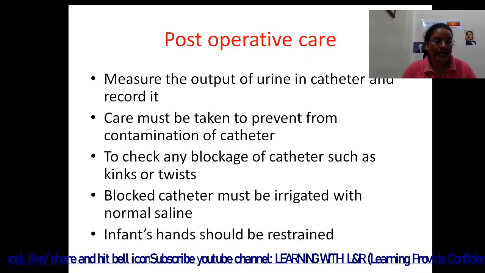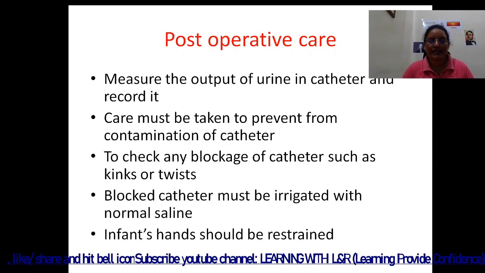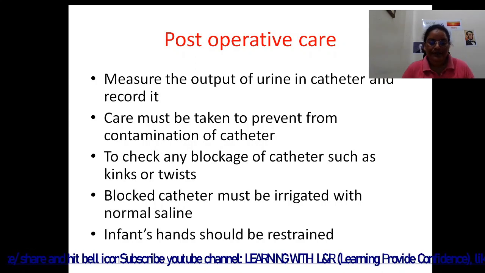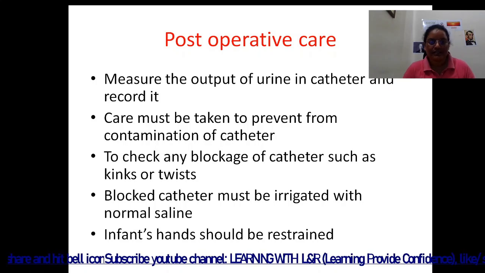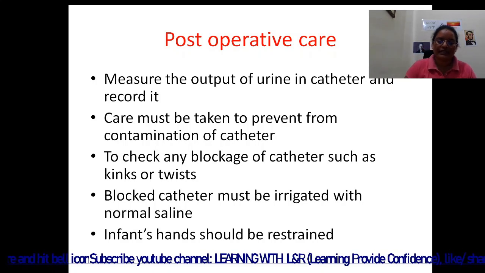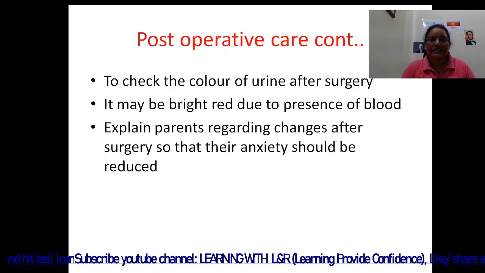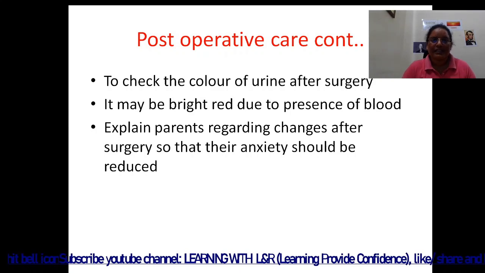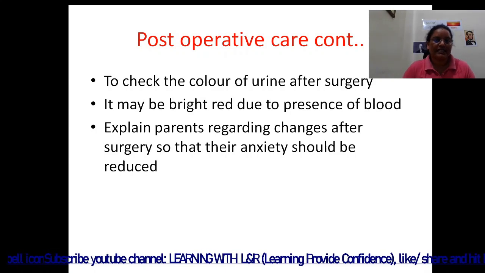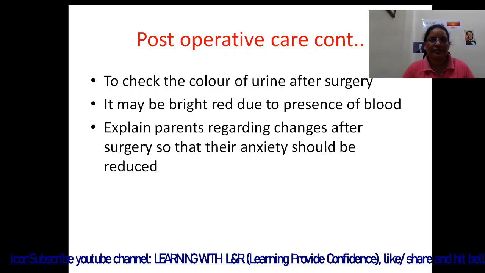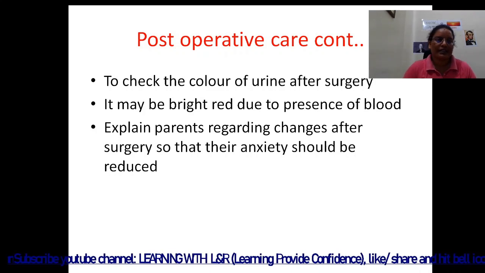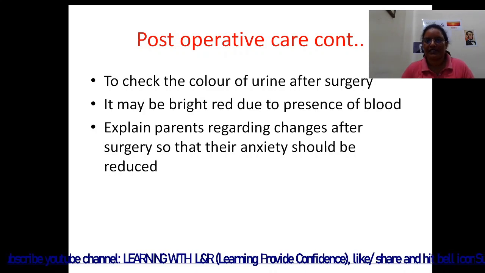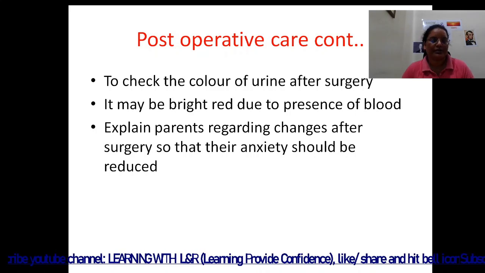Then infants' hands should be restrained so that they do not interfere with the catheter and do not try to remove it. Check the color of urine after surgery. If there is any change in the color after the surgery, it might be due to the presence of blood. If the color is bright red after the surgery, it might be due to the presence of blood.